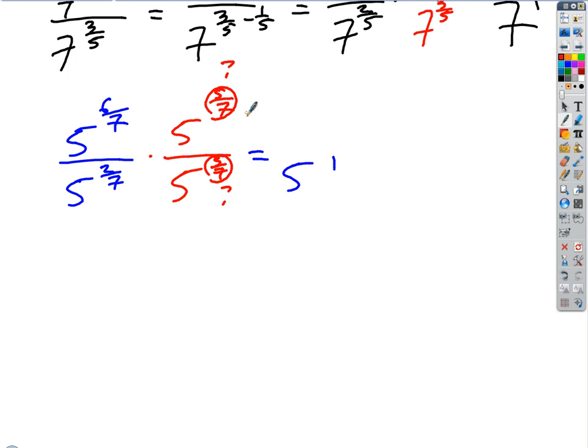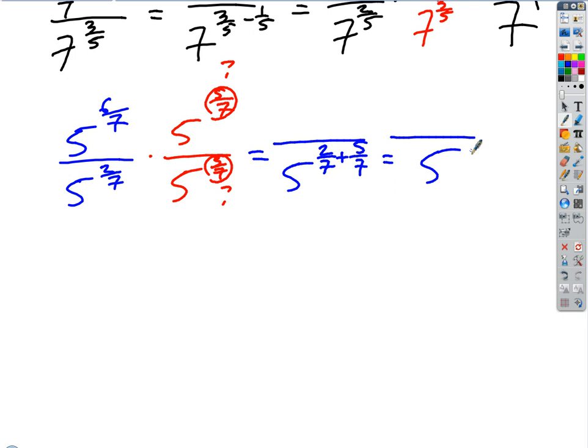Let me just write it out so we can see. On the bottom, we're going to get 5 to the 2 sevenths plus 5 sevenths, which is equal to, on the bottom, just 5 to the 1. What do we get on the top?